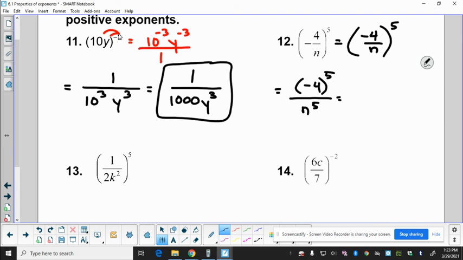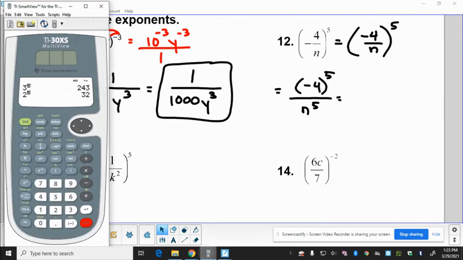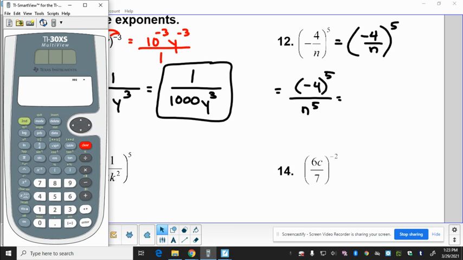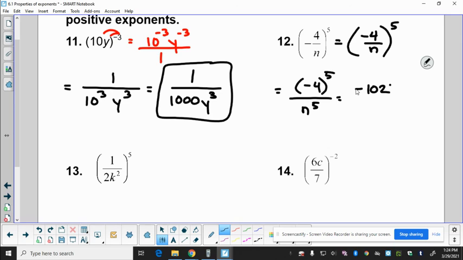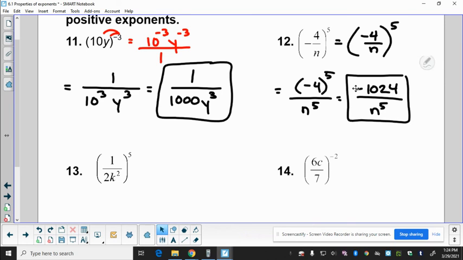Now, knowing that is not a negative exponent, that's a negative number, so put it in parentheses. Okay, that'll be -1024 over n to the 5th. There we go. As long as you don't have any negative exponents, that's what matters.